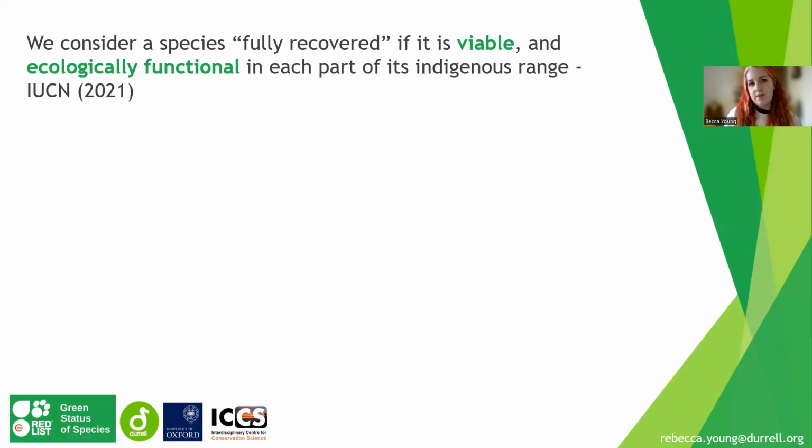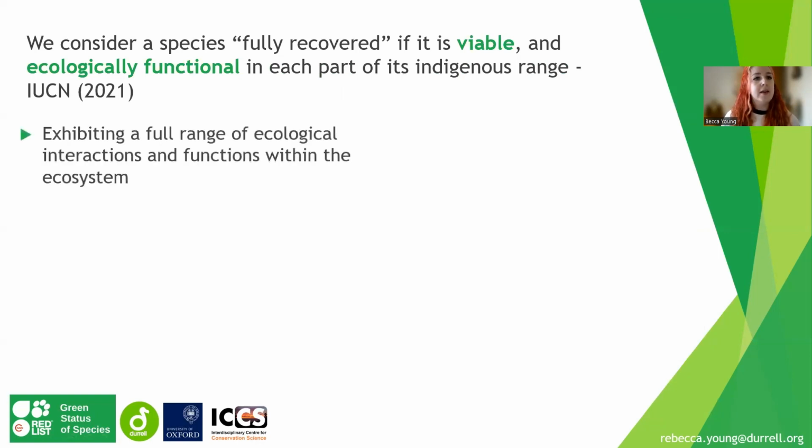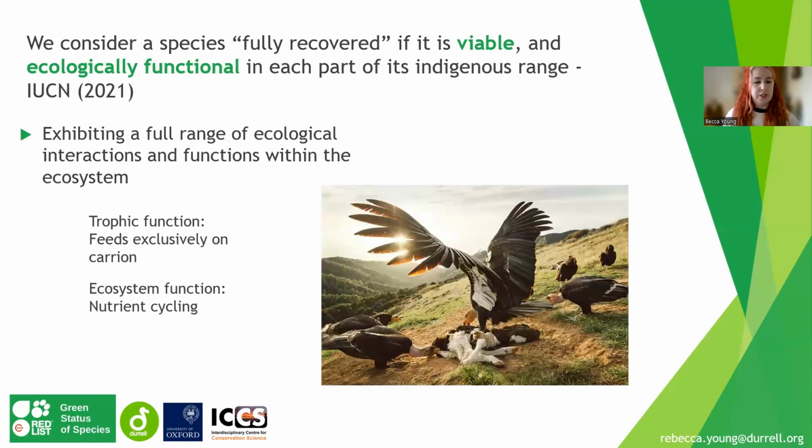And then the final part of this explanation is we want to think about, is it viable and ecologically functional? So this is going back to that idea of seeing things thrive, seeing things fulfilling their ecological function. So we want to see a species exhibit a full range of ecological interactions and functions within the ecosystem. So going back to that California condor example, some of the functions that we would see from this species is there's a trophic function, it feeds exclusively on carrion, and this in turn has an ecosystem function of nutrient cycling.